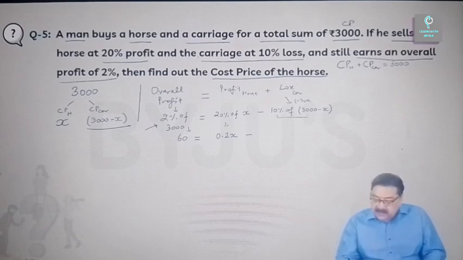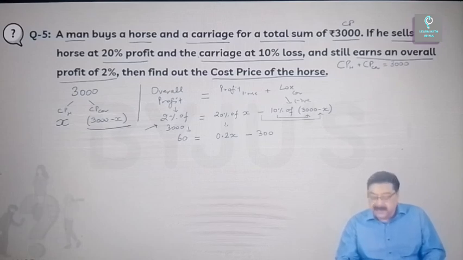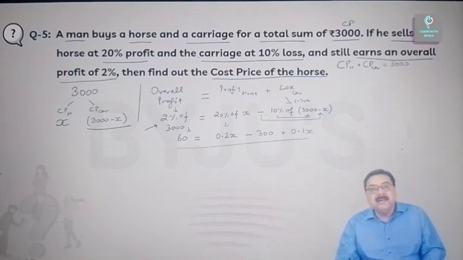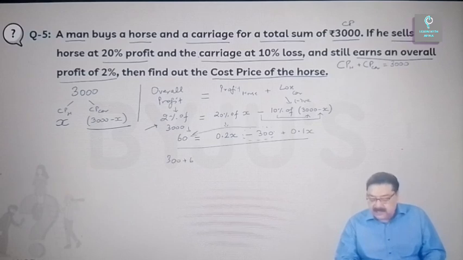So 10% of 3000 is 300. Now this minus and this minus becomes plus. So 10% of X means 0.1X. So you just need to resolve this equation. So this minus 300 goes to the left hand side. It becomes 300 plus 60, which is equal to 0.2X plus 0.1X, that is 0.3X.